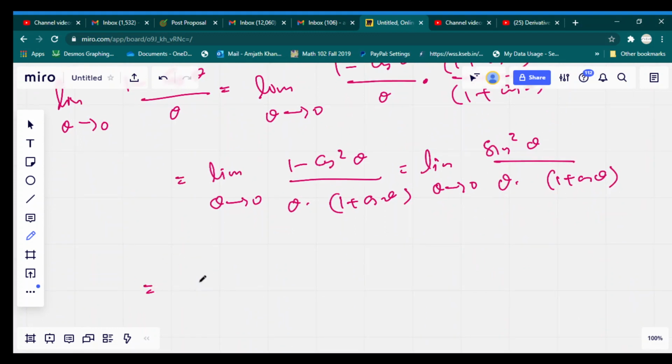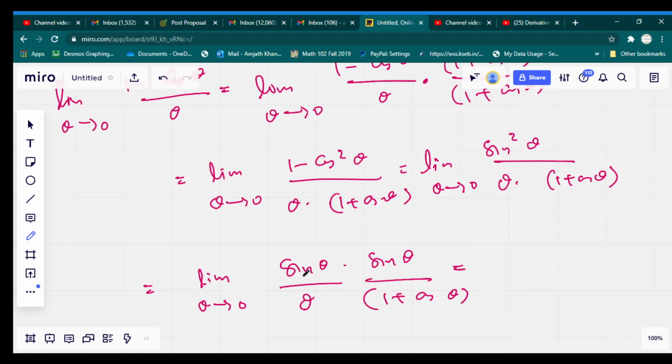We can split sine squared theta as sine theta times sine theta, and split the denominator as theta times 1 plus cosine theta.